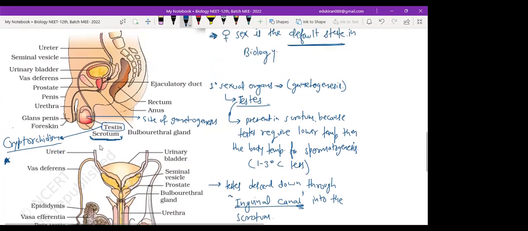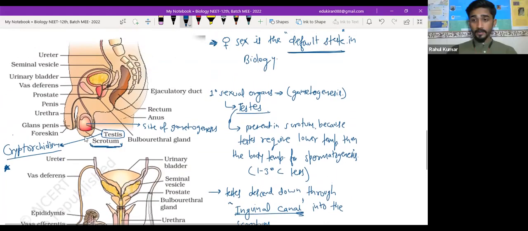Yes, sir. And this scrotum is not just loose tissue which is just out of the abdominal cavity. It is actually very well connected with the body wall, and it is connected through a series of muscles. These muscles are called cremaster muscles.